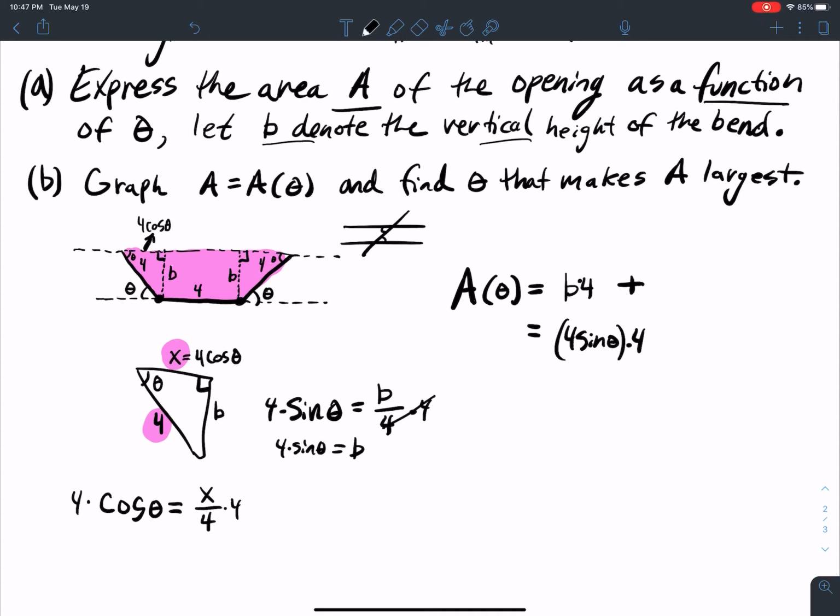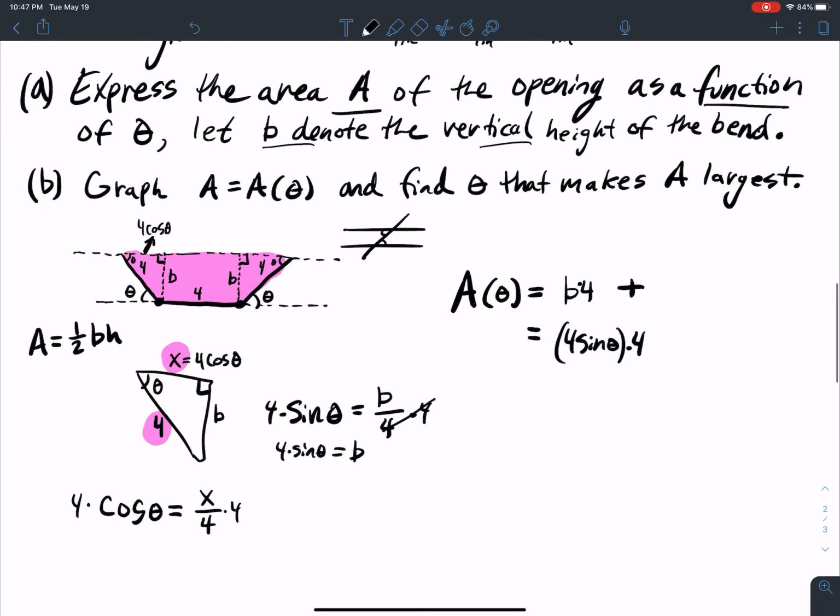Now, finding the area of a triangle. Area of a triangle is 1/2 base times height. So my base and my height here, that's 1/2, and then base times height, that's 4 cosine theta times the height B. What is that?